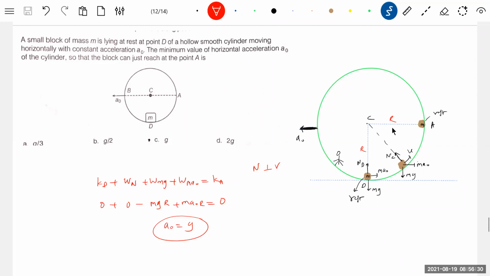Sir, if I make the acceleration more than g, then it will have velocity. What acceleration should I give so that it will complete the vertical circle? Yes, we can make it. At this particular point, how much velocity should it have now? Root gR.